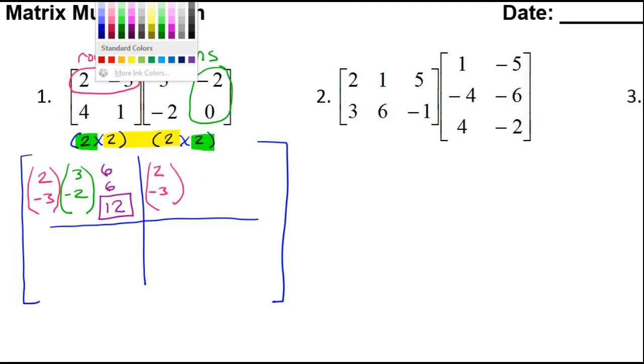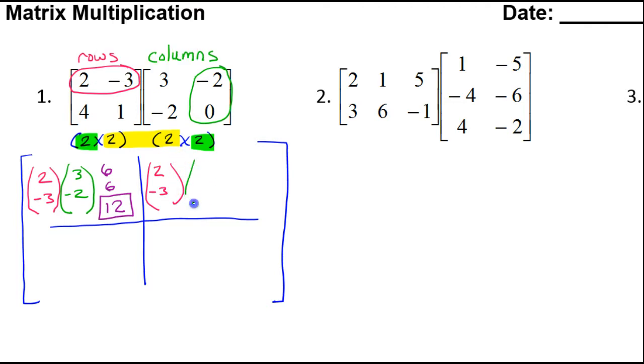The second column is negative 2, 0. If I multiply these together, I'm going to get negative 4 and 0. If I add this up, I'm going to get negative 4. So this is going to be the entry in the final answer for the first row, second column.